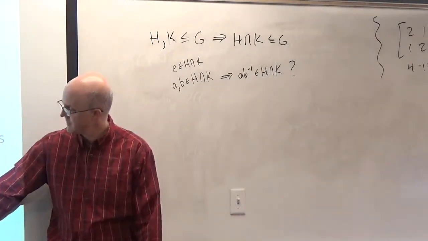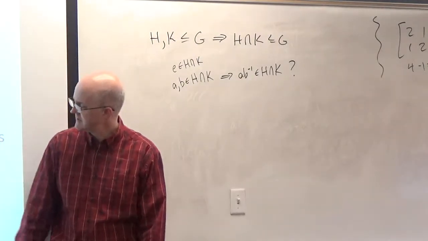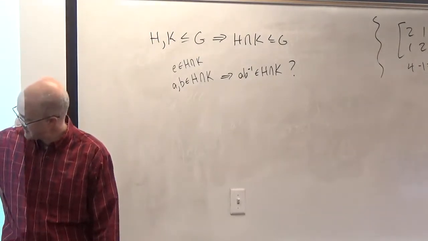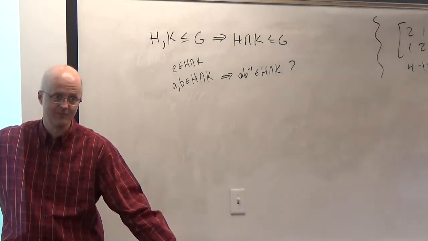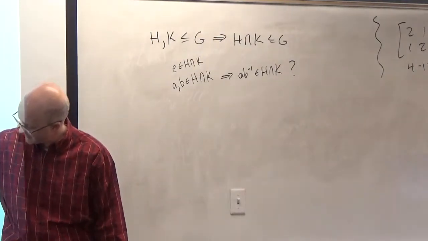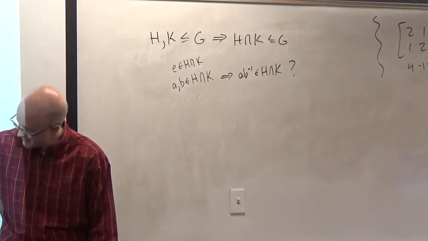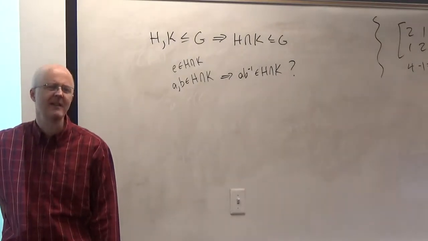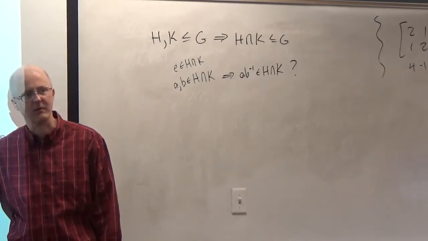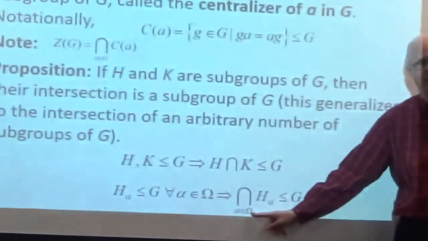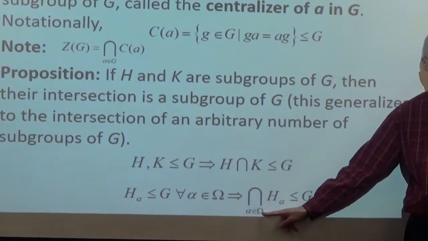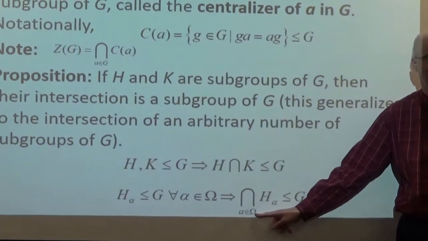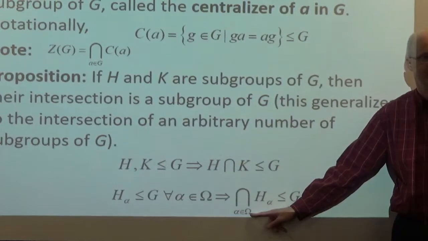If you were doing the more general fact, you would just need to emphasize that if A and B are in the intersection of all these H alphas, then they are in all of them. For each alpha in, what's this thing? Capital omega, where does that come from? That's just an arbitrary set here. Don't worry about what capital omega is. Just an arbitrary index set for the intersection. Could be a finite set. Could be the positive integers.